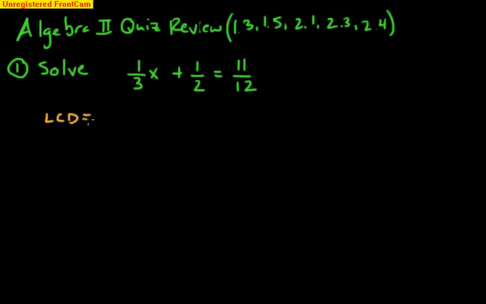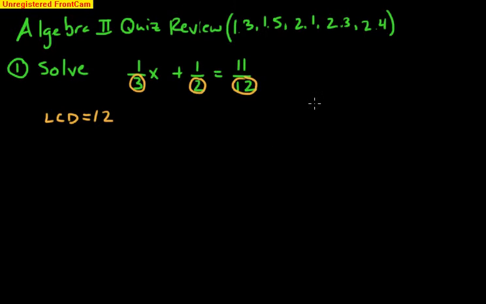The LCD is the number that each of these denominators can become through multiplication. So you're finding multiples of these denominators. I believe that 3 can become a 12, and I believe that 2 can become a 12. So your LCD in this case is 12.